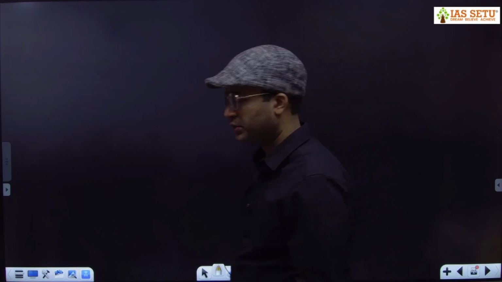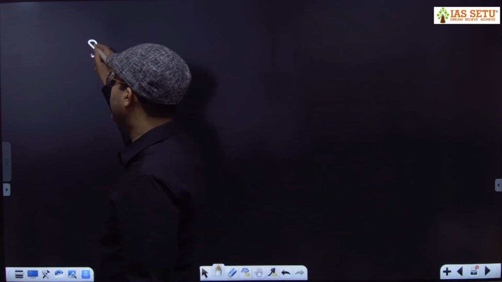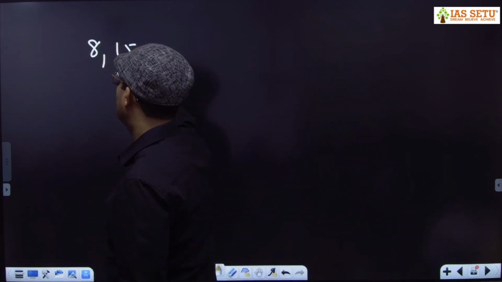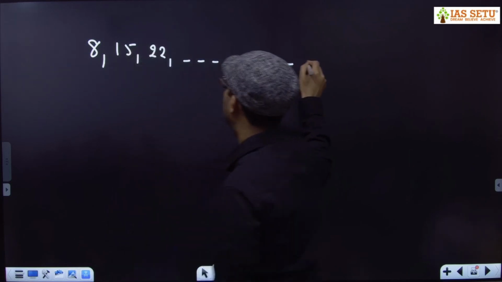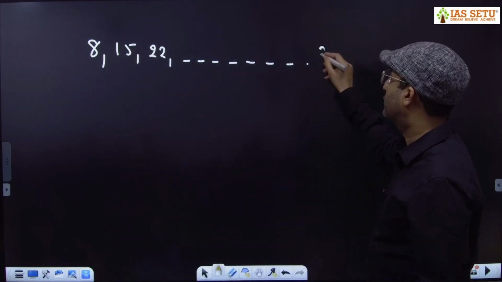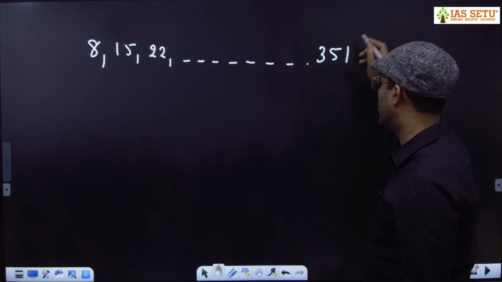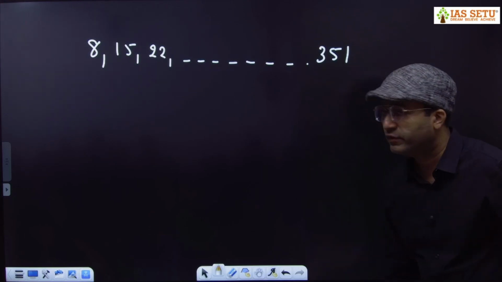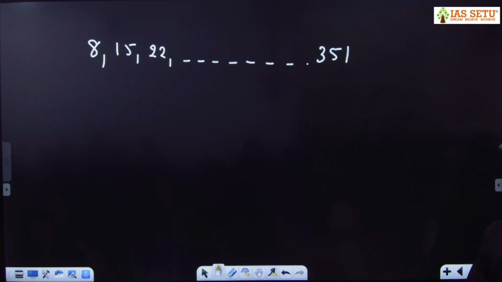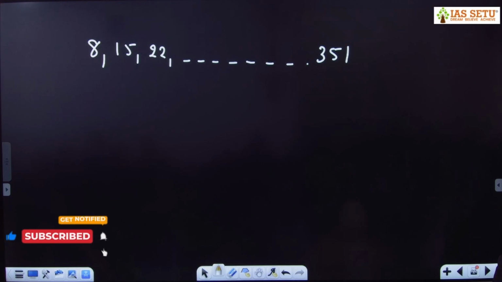I take one more question. 8, 15, 22, up to 351. First term is 8, second term is 15, then 22, last term is 351. You have to find number of terms in the given AP.